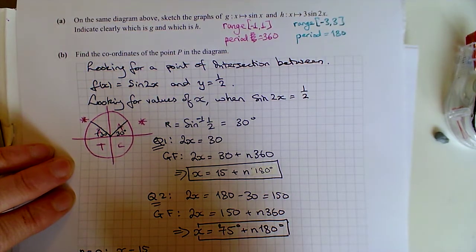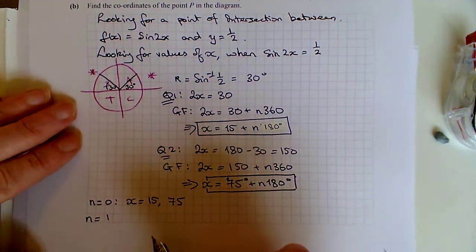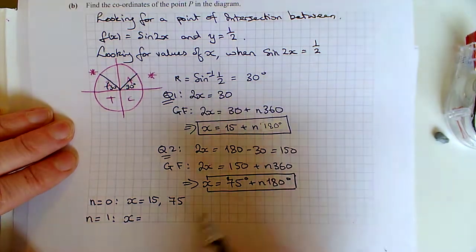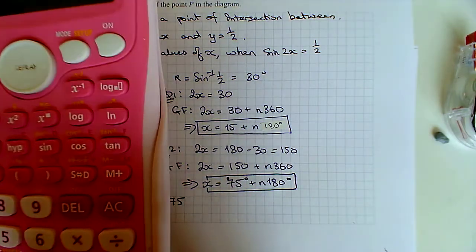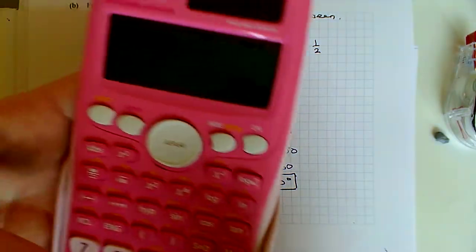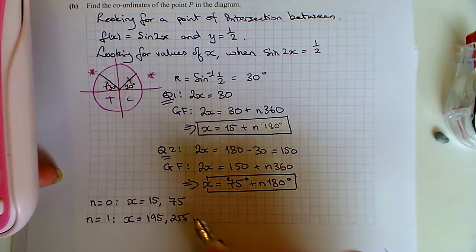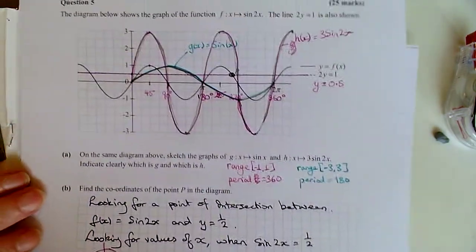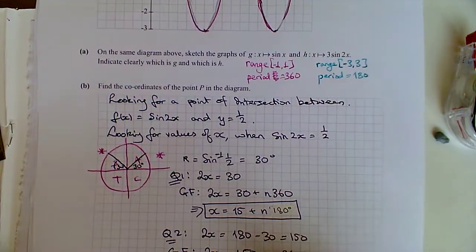X will be 15 or 75 when n is equal to 1. X will be 15 plus 180, 195. 75 plus 180, 255. And I don't have to go to n equals 2 because my graph stops at 360, stops at 2 pi.